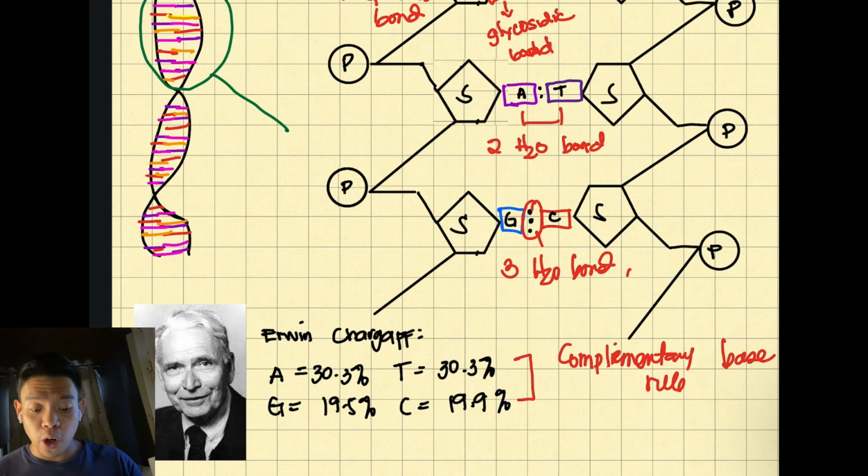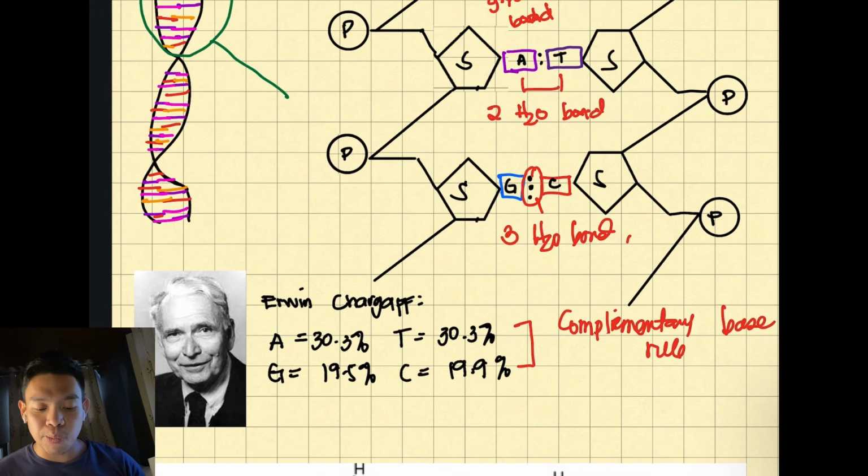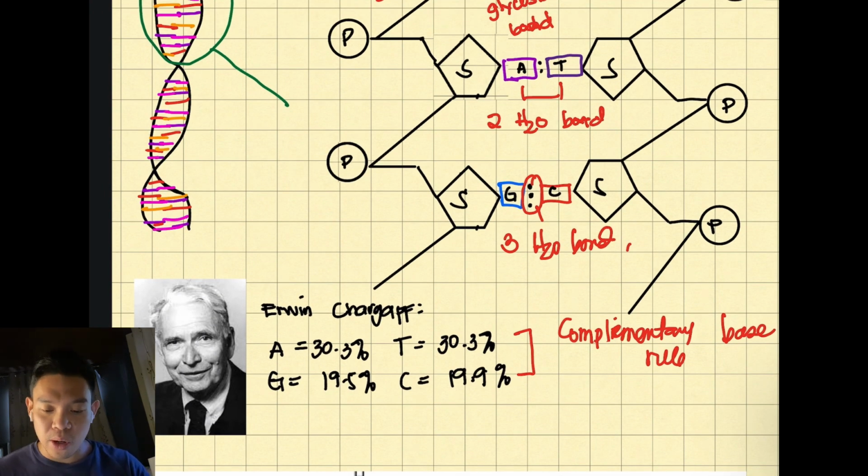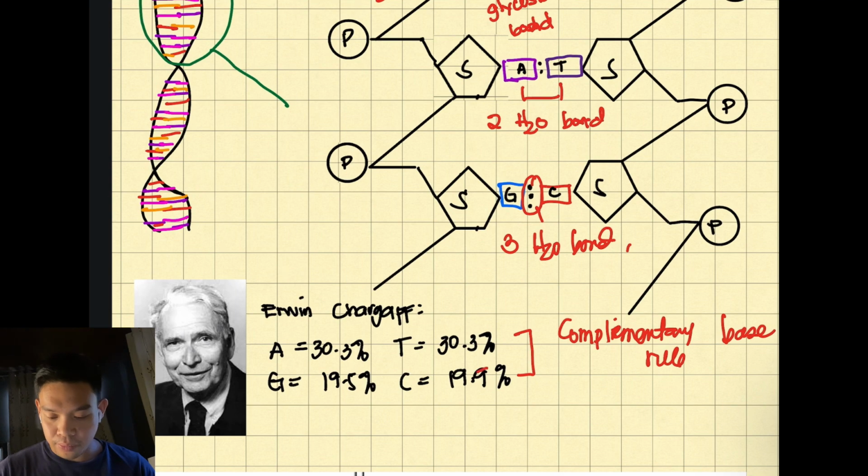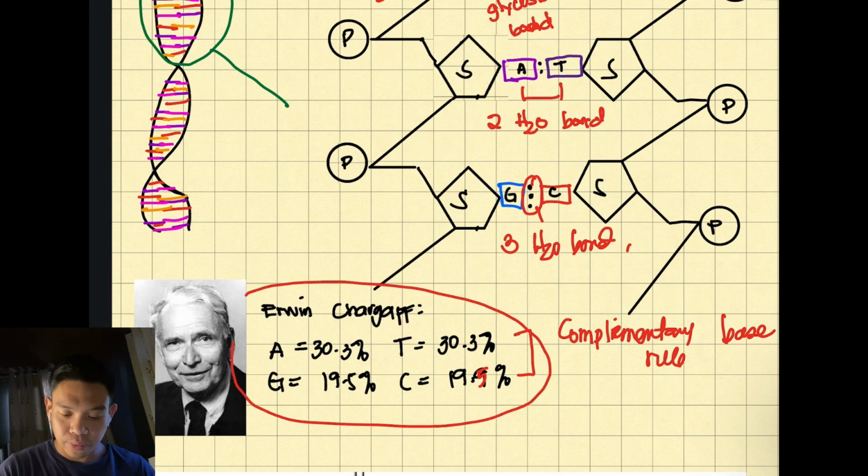According to Erwin Chargaff, adenine is 30.3%, thymine is 30.3%, guanine is 19.5%, and cytosine is 19.5%. This percentage holds equally among all organisms, and it results in 100%, which makes up an organism.